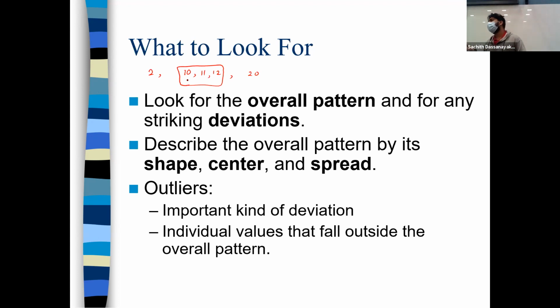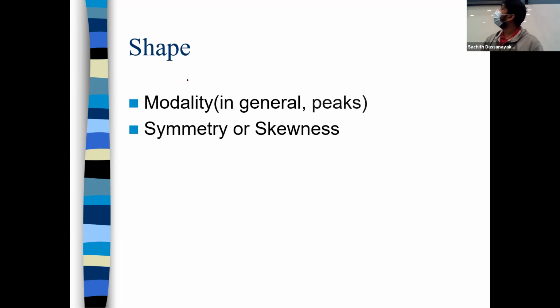We cannot do it 100%, but we try to avoid outliers as much as we can. Clear? Okay. We don't have an example for outliers. Anyway, shape, normally we measure shapes by counting how many peaks we have in our data set.